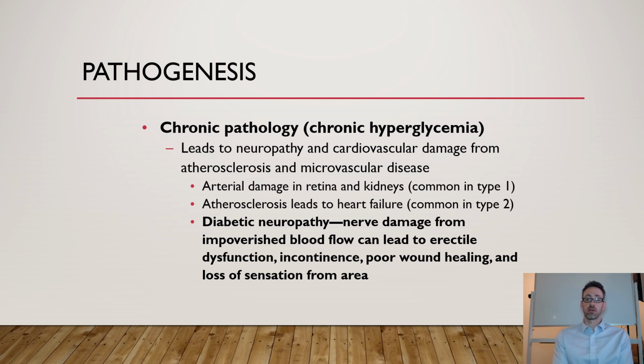Oftentimes with a diabetic neuropathy, with that loss of sensation, they have it in what they call a stocking glove pattern, meaning that it's kind of like a sock on the leg. It doesn't follow a dermatomal distribution like from just a specific neural disorder, but instead a whole area of the leg from the mid-calf down to the foot, for example, are classic areas, or the more distal regions of the extremities like the fingers and toes and so on could be affected by this.